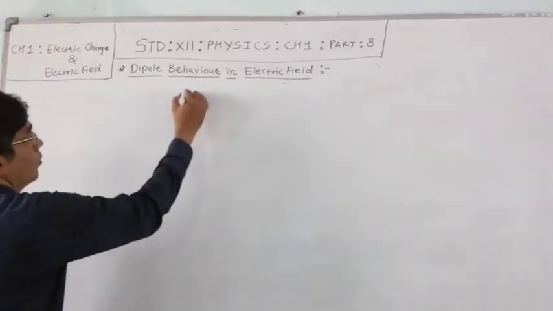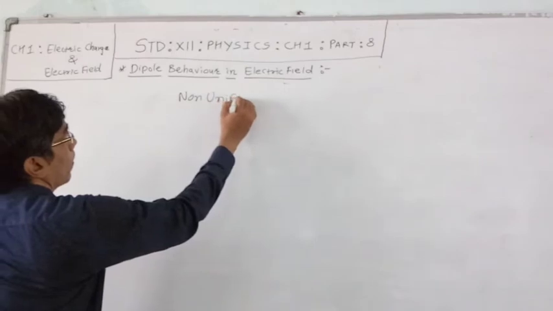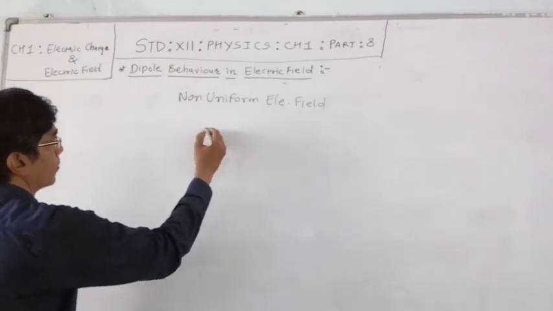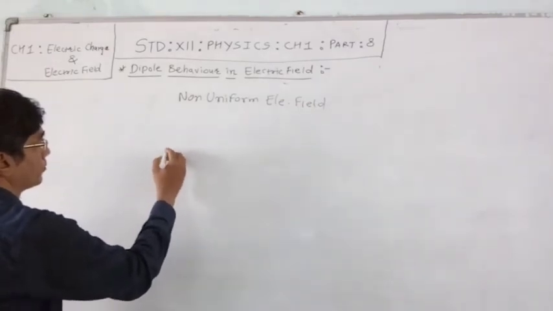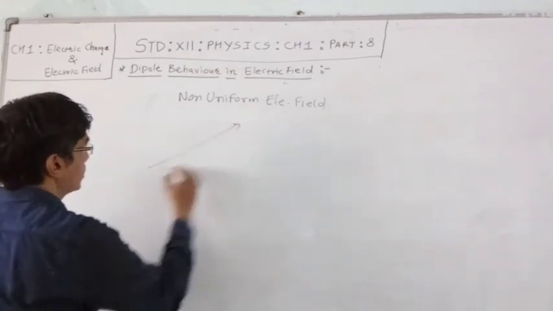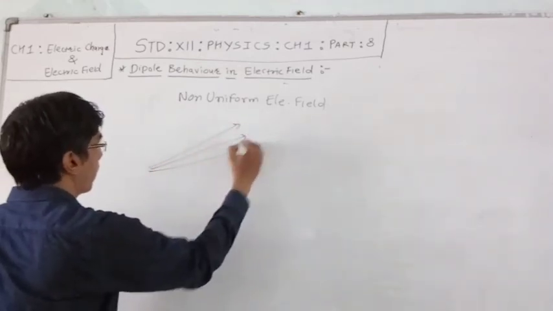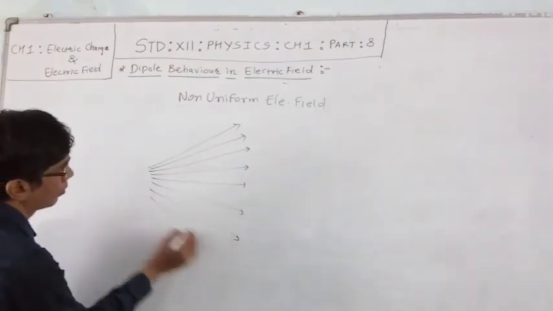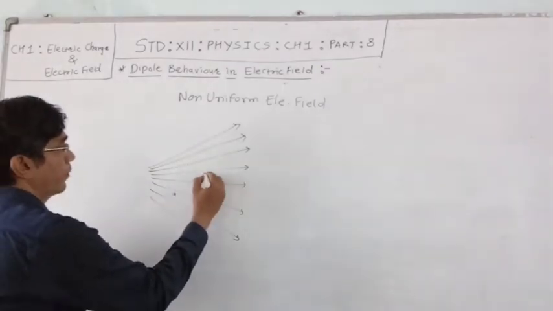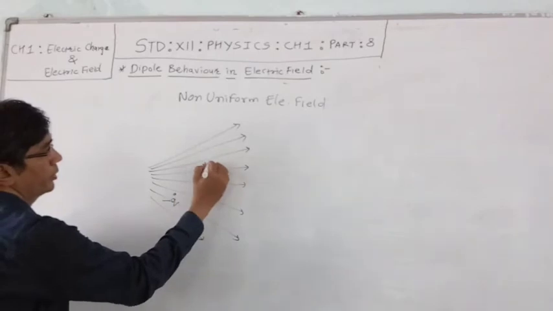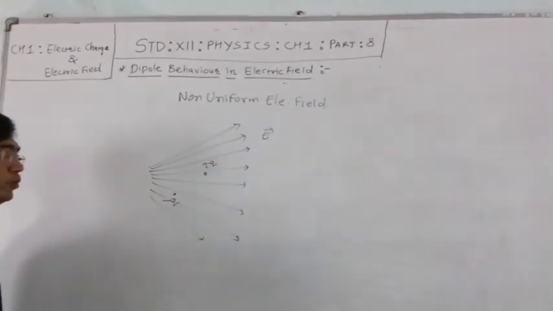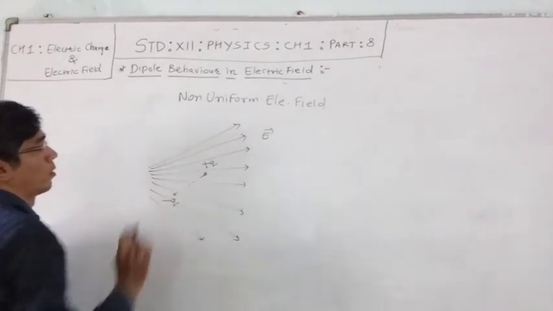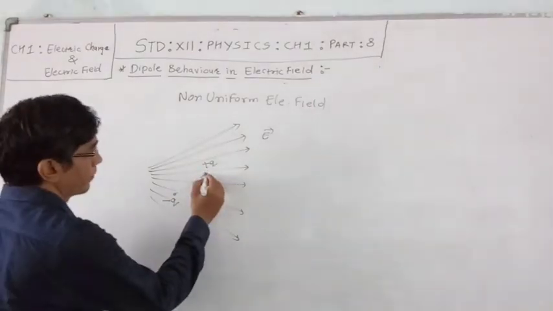Now we take the non-uniform electric field. Suppose this is the non-uniform electric field. Here when you put the dipole, here is the minus q and here is the plus q. When you put the dipole, the electric force is exerted.